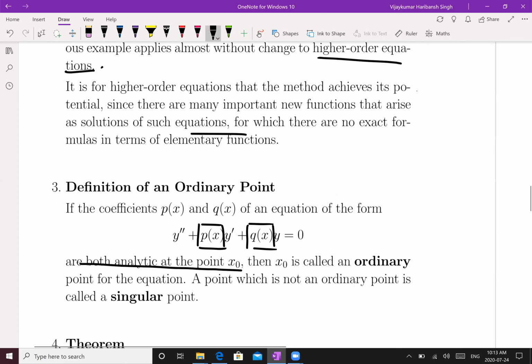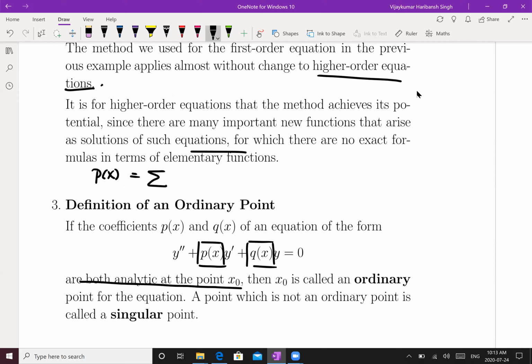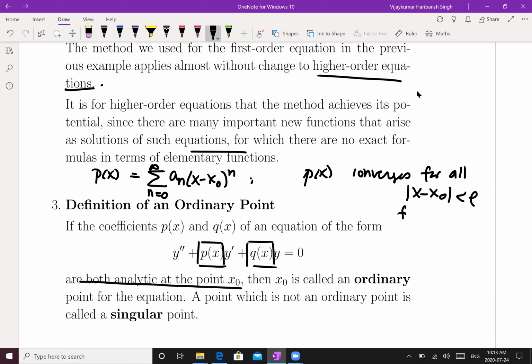Take p of x, then p of x can be written as a power series, summation a n x minus x naught to the power n, and p of x converges for all x minus x naught less than rho for some rho.